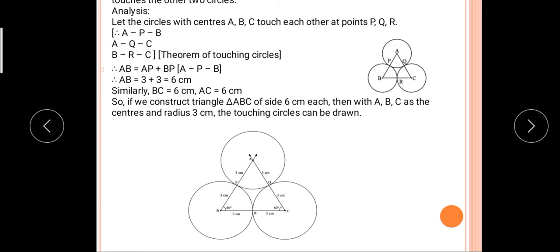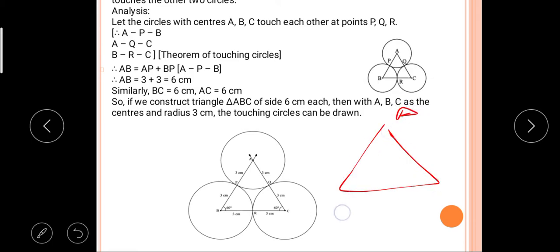Means how to construct the diagram? Firstly, draw an equilateral triangle ABC, having sides 6, 6 and 6 cm.